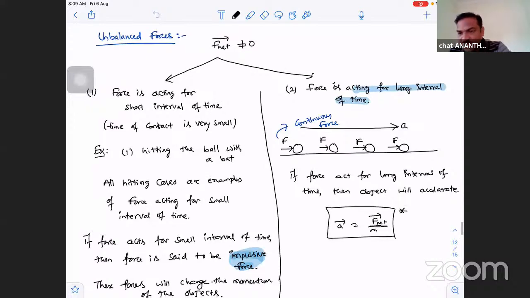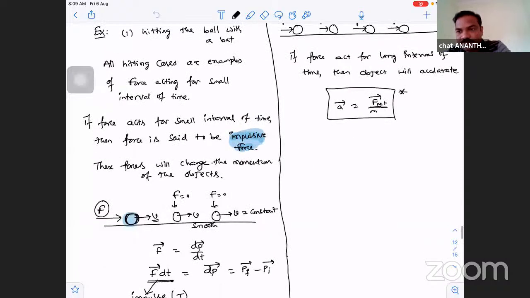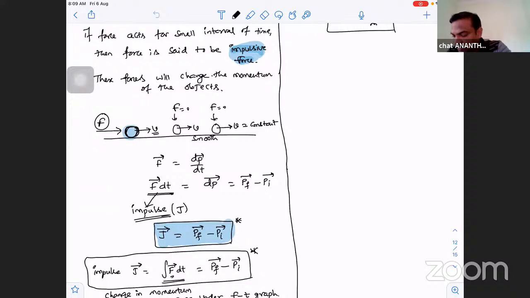So F bar is equal to, again using Newton's law, F bar is equal to dp bar by dt. So F bar into dt is equal to dp bar, which is final momentum minus initial momentum. Then F into dt we call impulse, which is P final minus P initial. Then impulse is equal to the integral of F bar dot dt also.